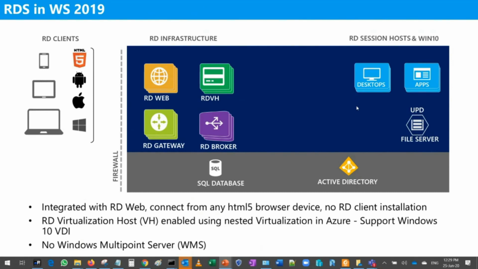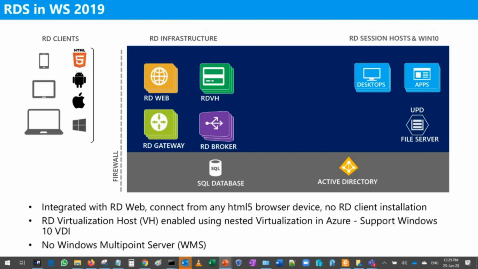In the high availability environment, we can deploy together with the Microsoft SQL Server database to provide load balancing and high availability. All the connections, when the users connect, will be authenticated to Microsoft Active Directory. Then the last but not least is the RD session host and Win10, so that applications or the Windows 10 desktop can be delivered to the users.